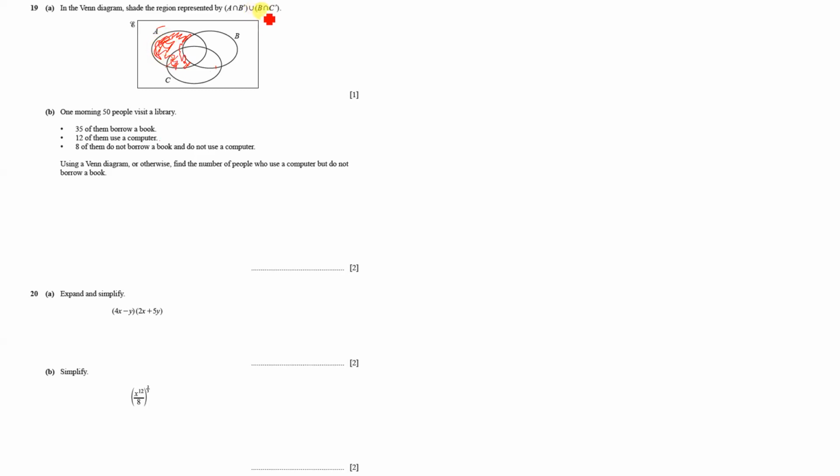And union B intersection C complement. So this is B and C complement is the region outside C. So which lies within B is this part. So this is the required region. Okay.